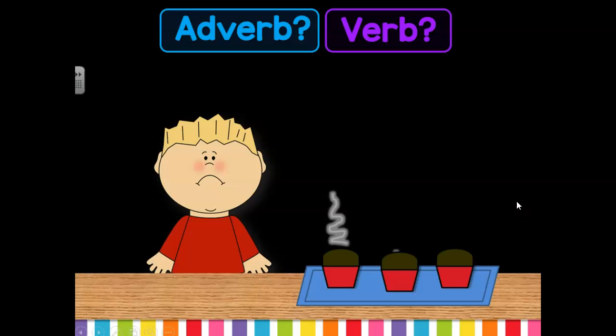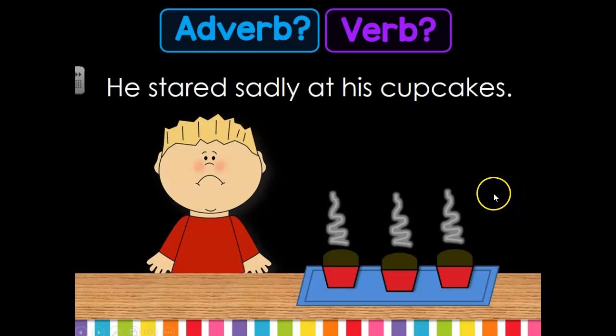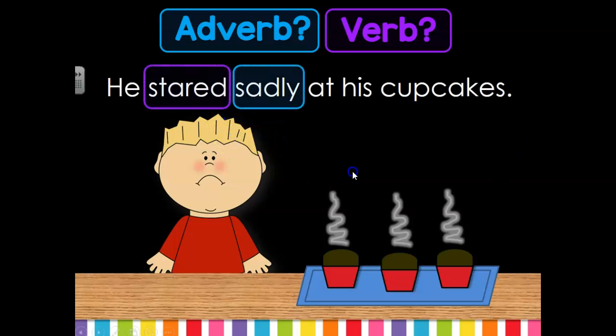Uh-oh. Poor thing. His cupcakes are ruined. He stared sadly at his cupcakes. What is the verb? Stared. Oh, Miss Byers gave them to you. How did he stare, guys? He stared sadly. Yes, sadly.